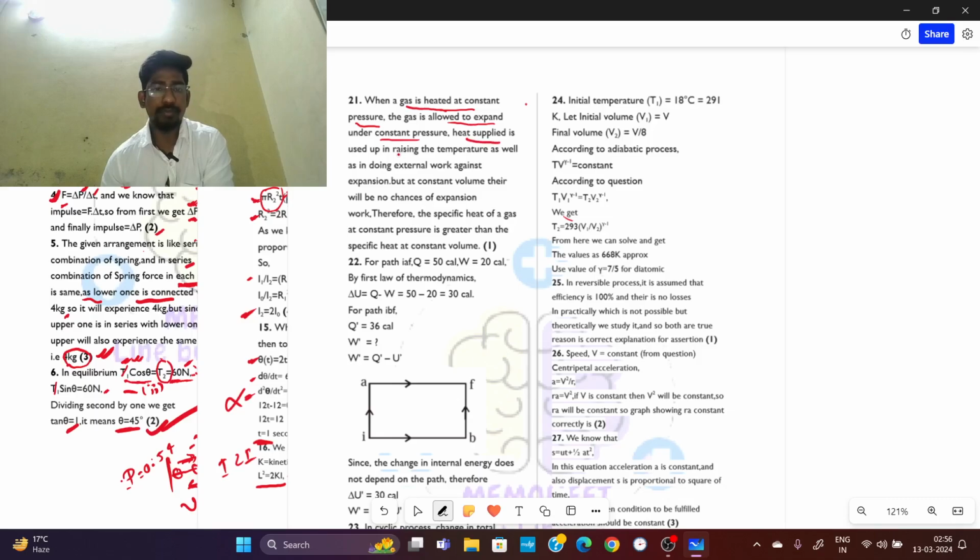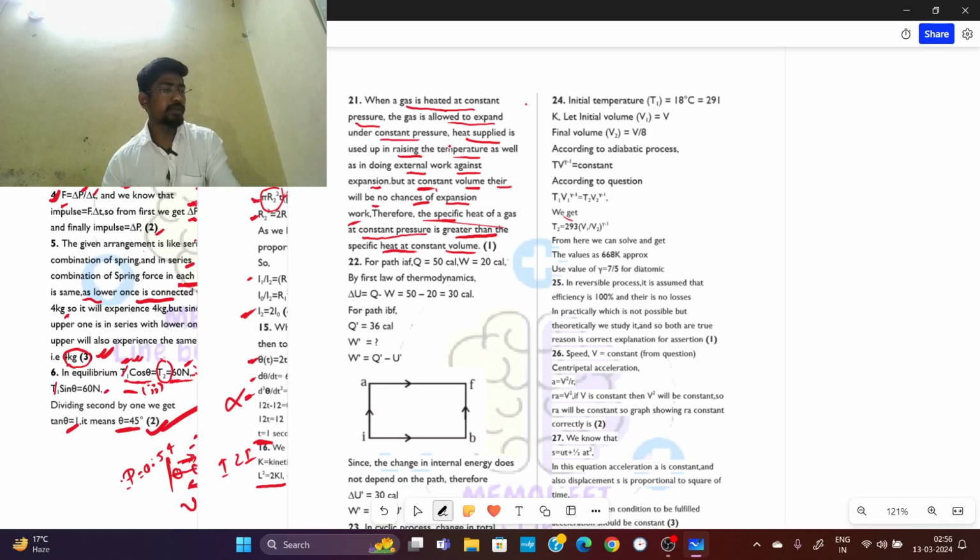The heat supplied is used in raising the temperature as well as doing external work against the expansion. But at constant volume, there is no chance of expansion work. So therefore, the specific heat of a gas at constant pressure is greater than the specific heat at constant volume. Therefore, option 1 is correct.